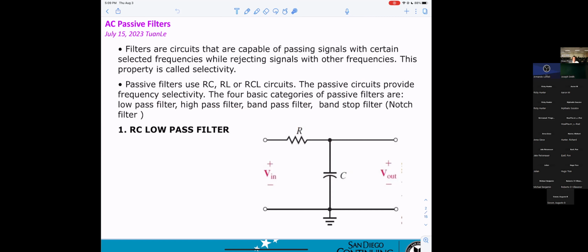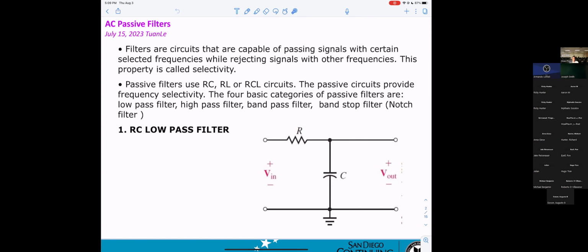That means on the filter you get low pass, high pass, band pass, and band stop or notch filter.